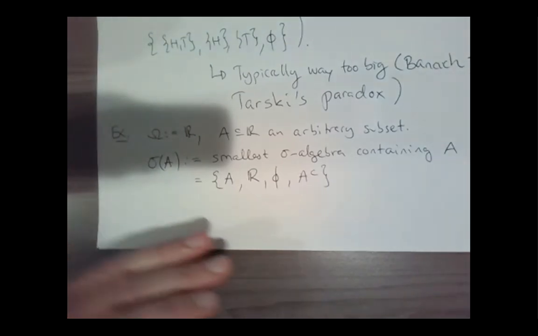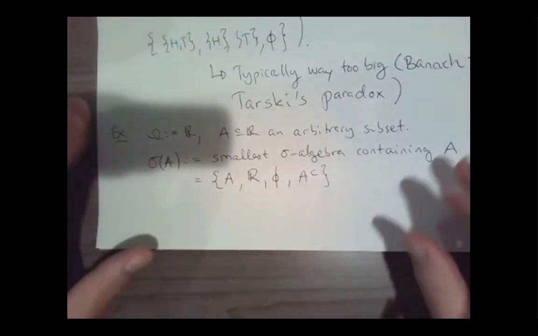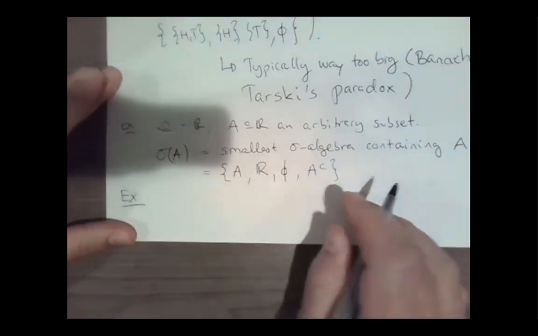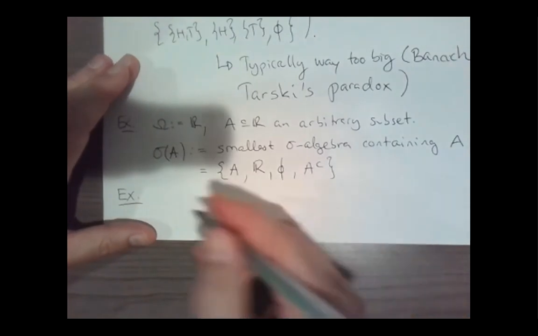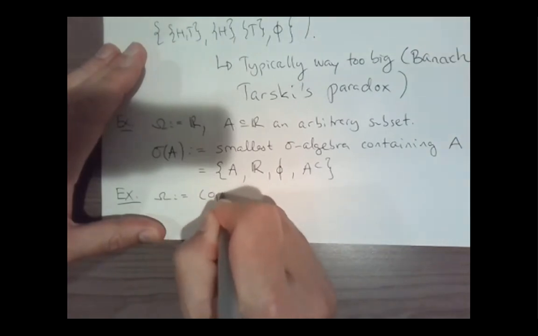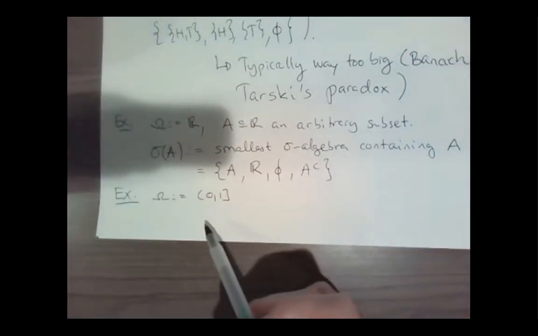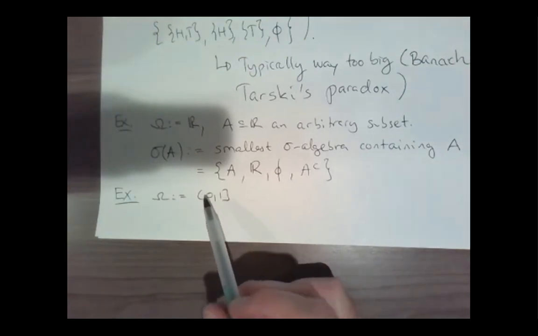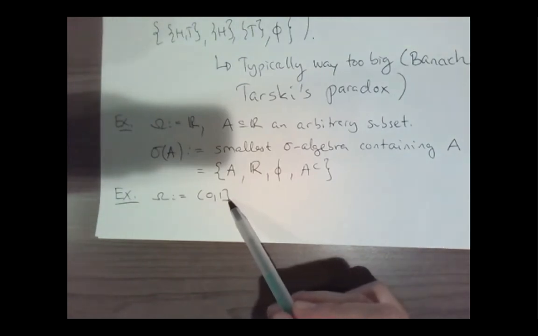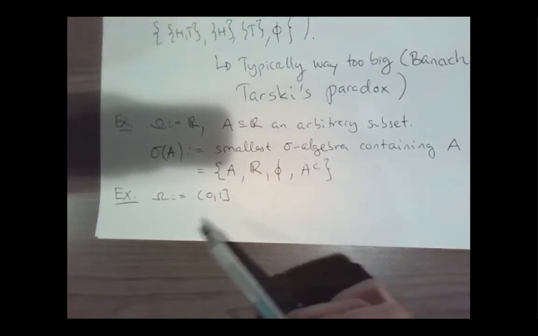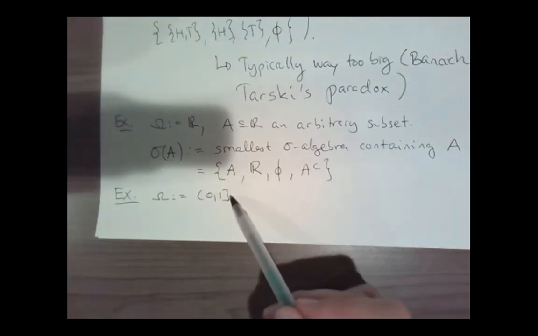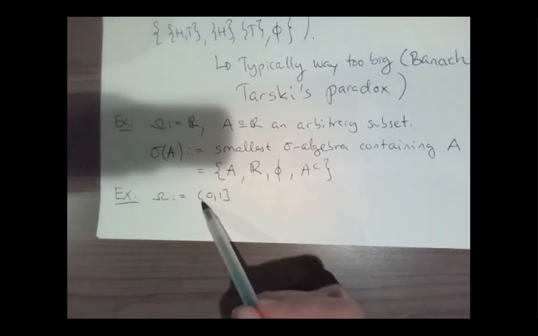The last sigma algebra that I'm going to bring up is the main example. If I take omega to be this half open interval, there's nothing special about the way that I'm taking this interval here. I'm just keeping it open to the left and closed to the right. I could have kept it closed on both sides, or open on both sides, or switched it around so it would be closed here and open over here.